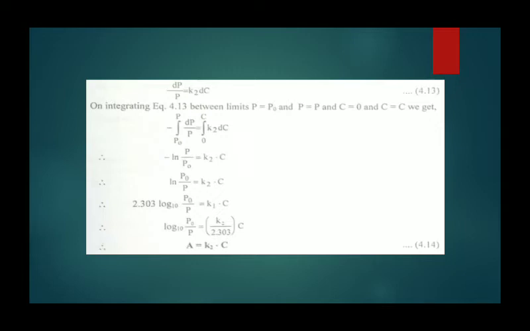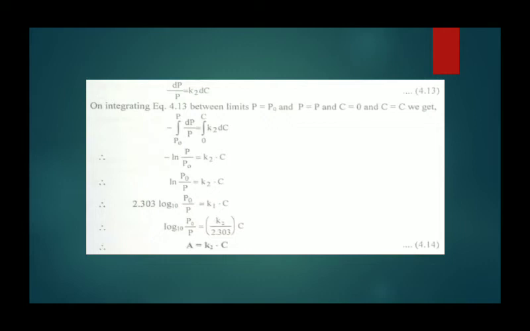So this equation can be inverted, and it becomes ln P0 upon P is equal to K2 C. ln to the base e is converted into log to the base 10 by multiplying it with 2.303.